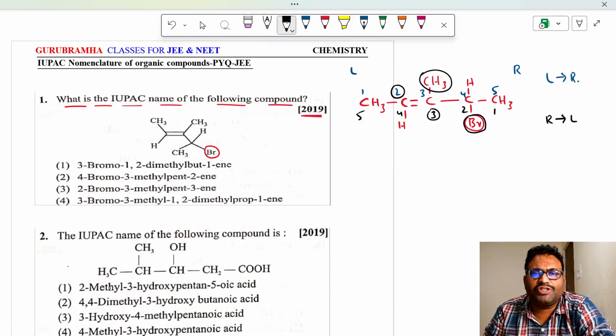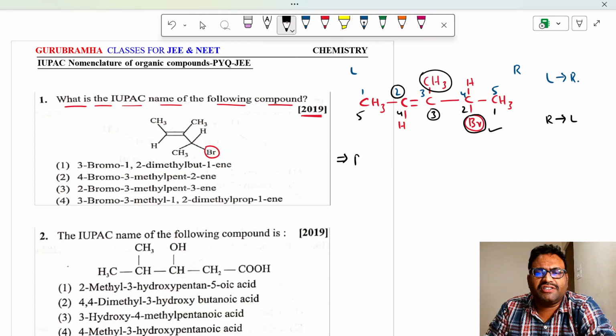So whenever a substituent and a multiple bond are present at a similar position, when you number from right to left, you are getting the substituent bromine at the second position. When you are numbering from left to right, you are getting the double bond at the second position. So when a substituent and a multiple bond are present, for whom do you need to give priority?